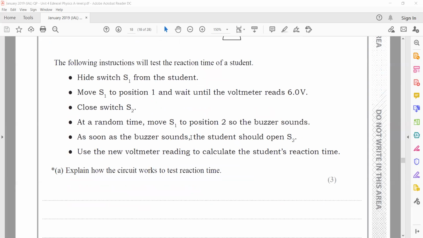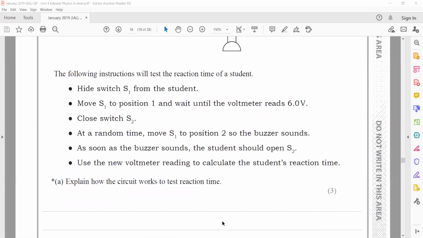Explain how the circuit works to test the reaction time. So what will happen? The capacitor will charge when S1 is at position 1, and the capacitor starts to discharge when S1 is at position 2, and the capacitor stops discharging when the student opens the switch.